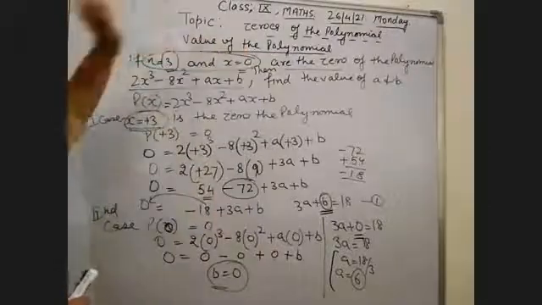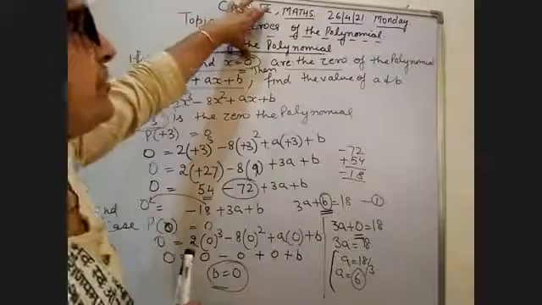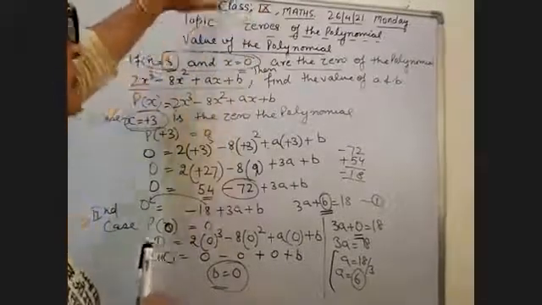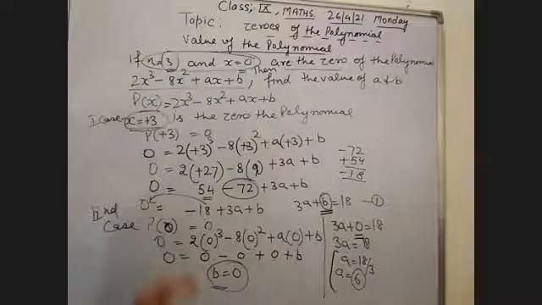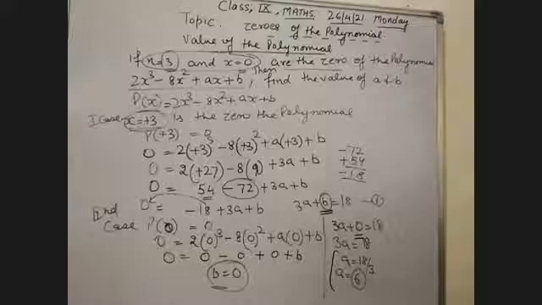This is a very important question. Please note it down in your notebook. And now this topic, the 0 of the polynomial, is finished. If you have any doubt regarding this topic, then you can ask any question.